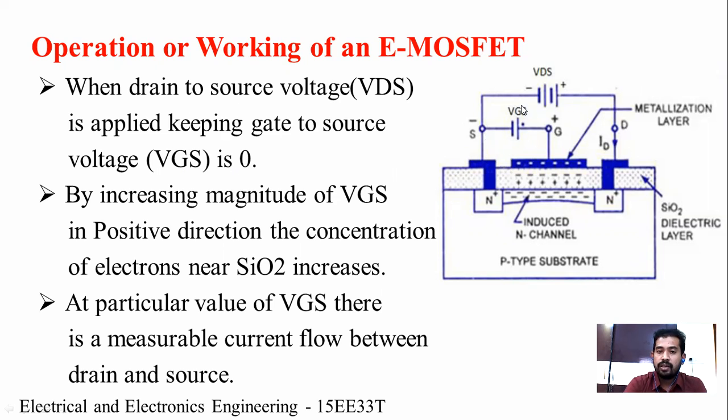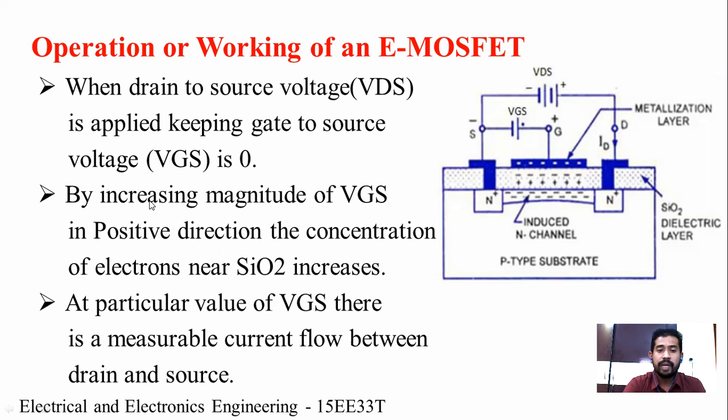We have to apply only the VDS voltage between drain and source by keeping VGS, the voltage between gate and source, as 0.